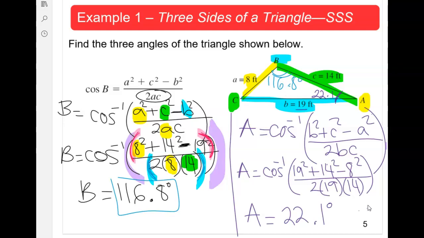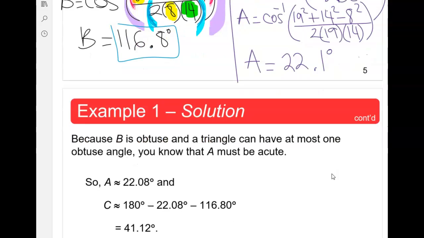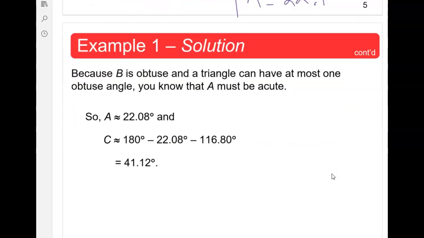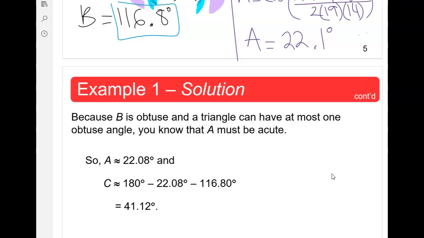Now for the third angle, since we already have 2 of those, we don't have to use the law of cosines. Instead, what we could do is subtract the 2 that we had already found.